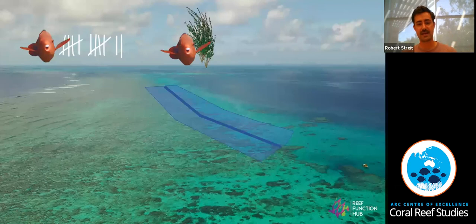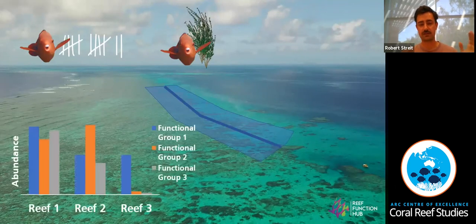And then we can make these tallies and we can count per reef how many fish of each functional group do we have. And in this made up example, you would see that reef 1, for example, you would consider more stable or more ecologically resilient because you've got 3 different functions in quite high abundance. And reef 3, in this case, you'd be a little bit worried because it only has really 1 function left and not as abundant.